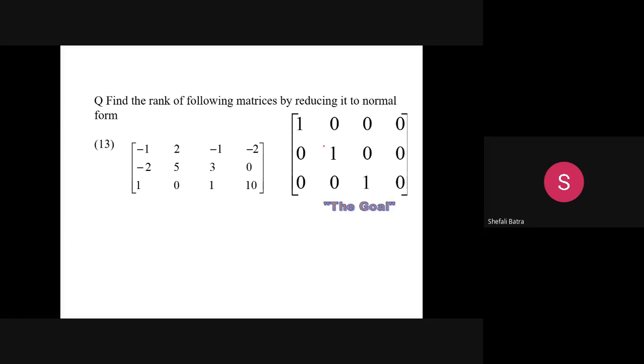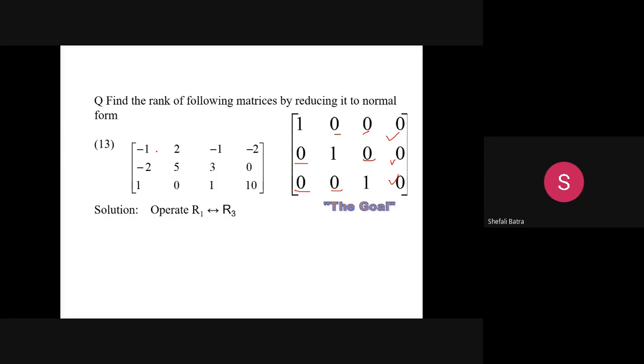For this, first of all, you'll try to make these three zeros. After making these three zeros, we will go for these three zeros, and after that, we will concentrate on this column. So let us start. In the first entry, I need 1. Either you can multiply row 1 with a negative sign, or you can interchange R1 and R3.